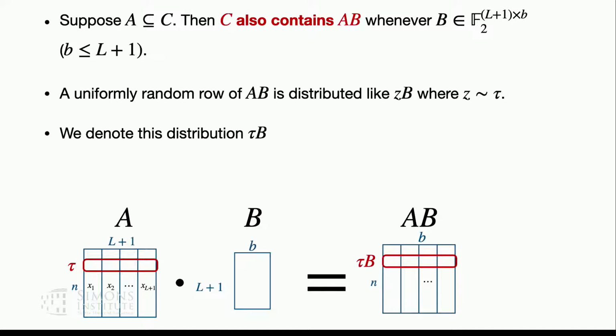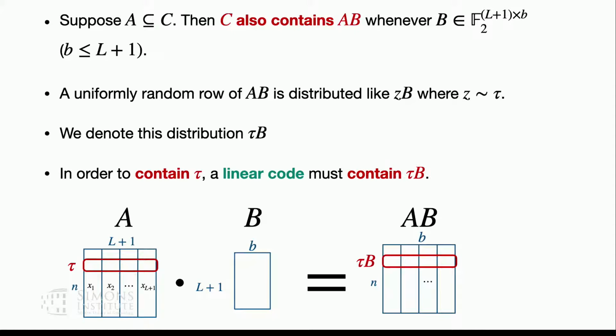So if I know that A is distributed tau, then AB is distributed like: sample some vector z from tau, and multiply it on the right by B. So this is a new distribution that we call tau B. What we know now is that a necessary condition for the code to contain a tau distributed matrix is to also contain a tau B distributed matrix for every matrix B. And these are the subgraphs. Okay, so in order to contain a tau distributed matrix, a linear code must also contain a tau B distributed matrix.